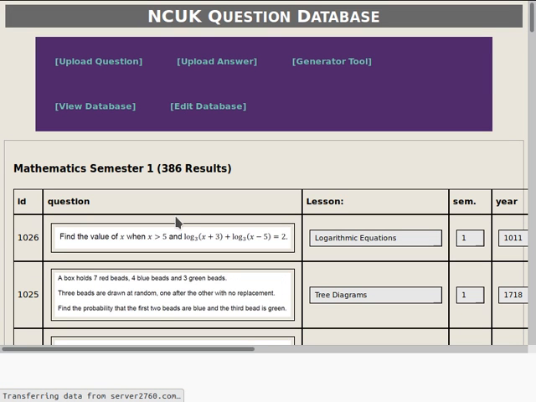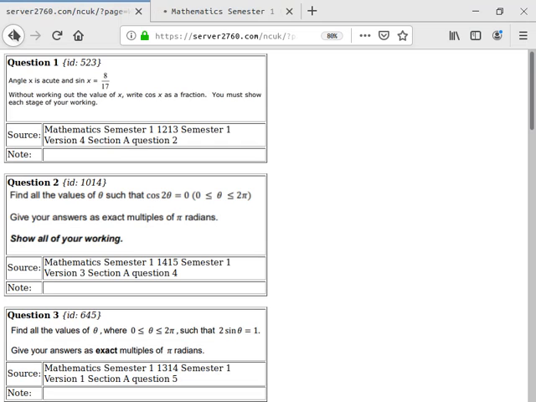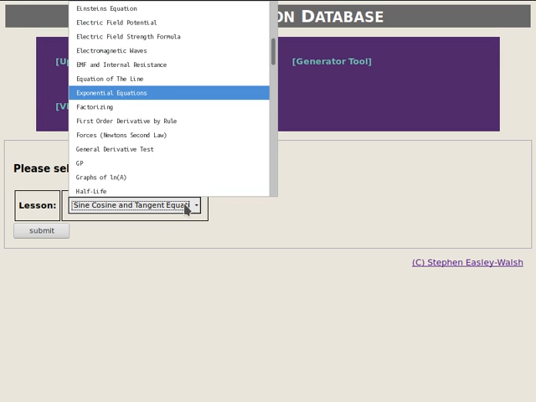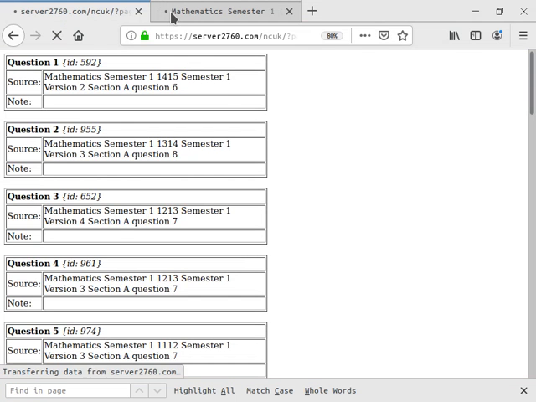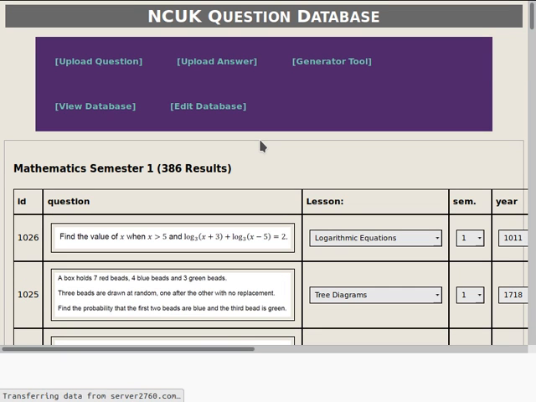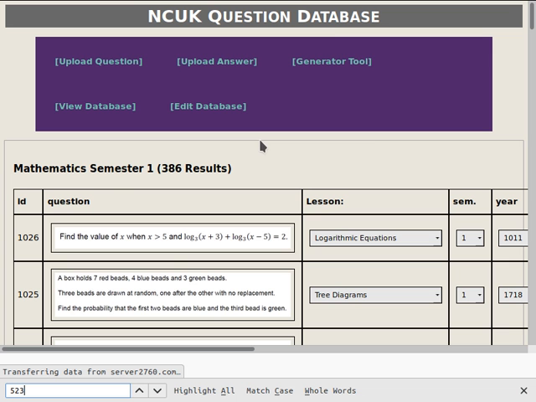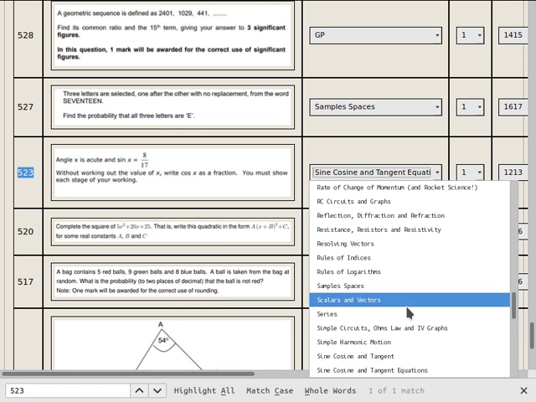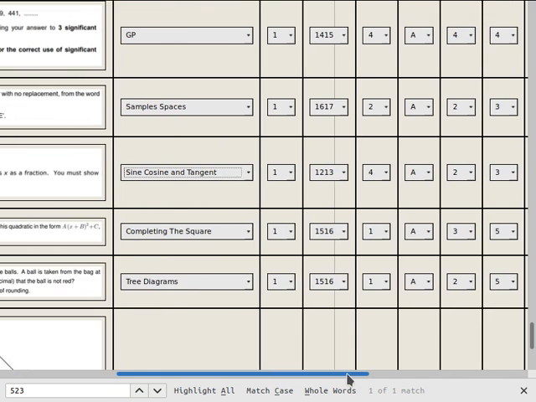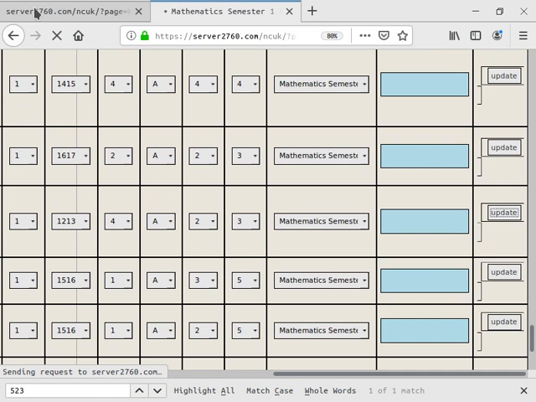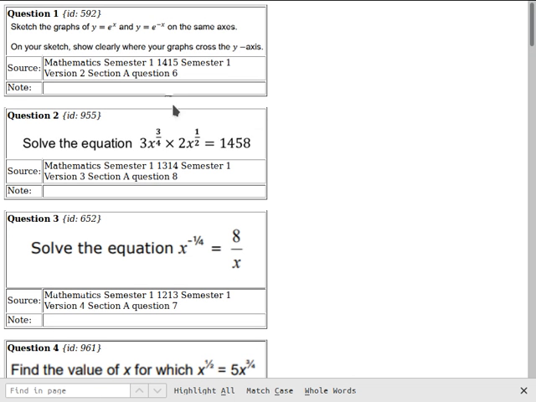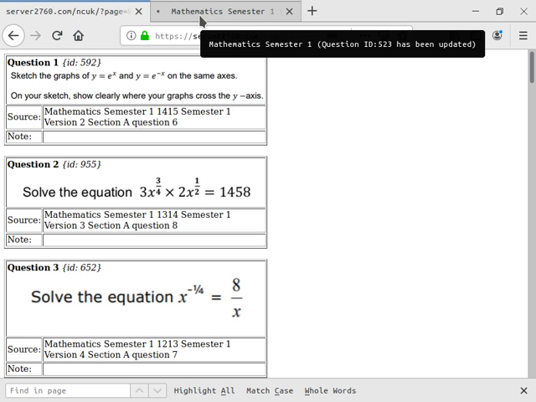523. Come on. And actually 592. I can't remember, in the workbook, did I do the graph of e to the x in the lesson on rules of indices or exponential equations?